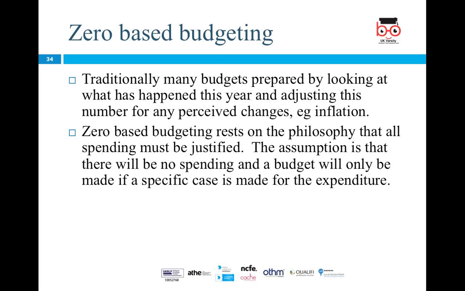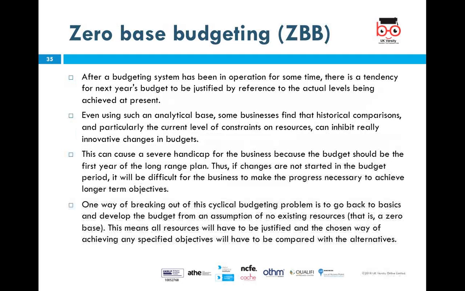In the previous actual and flex budget, we limit some variances and then we set some tolerance level. In the zero base, that's the opposite. Only the actual occurrence can be compensated against the original budget. Zero-based systems have been in operation for some time.